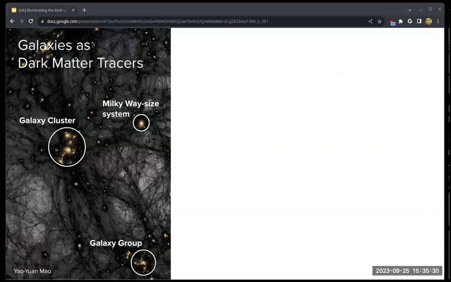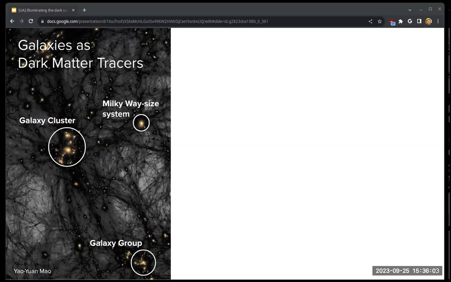So these high density regions in the dark structure of the universe are where we believe the galaxies are living. In a very high density region, we will have something called a galaxy cluster, which is a cluster of galaxies. You can have a giant dark matter halo that goes to 10 to the 14, 10 to the 15 solar masses, and you host a bunch of galaxies in there.